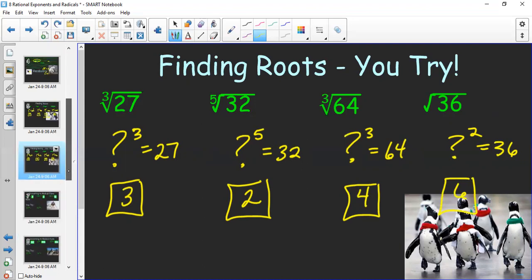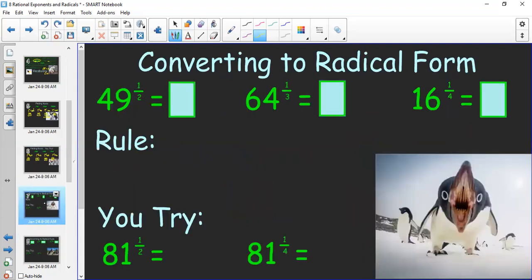Now that we understand roots a little bit better, the different kinds of roots, we are going to get into rational exponents, which are connected to our roots. I'm going to show you the answers to these 3 questions.